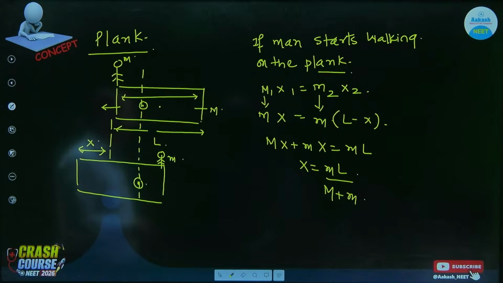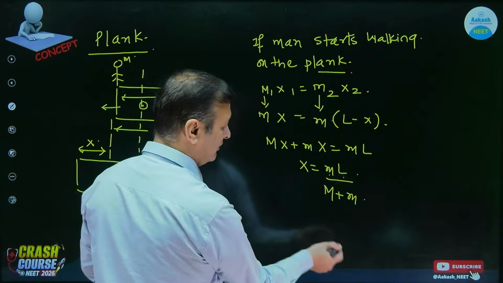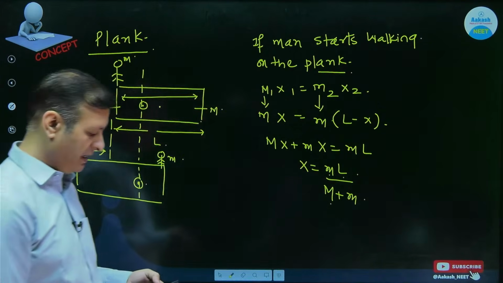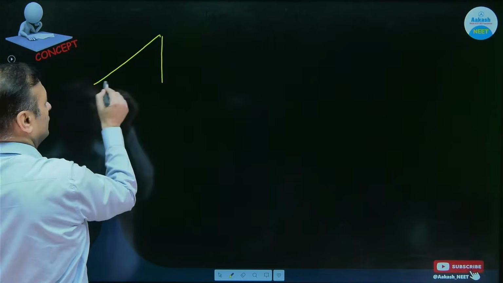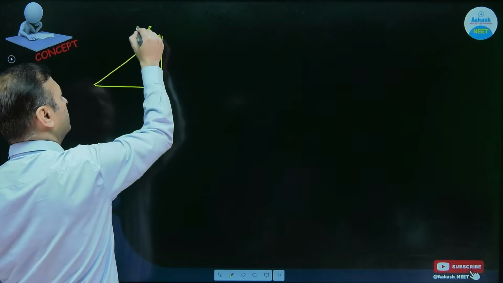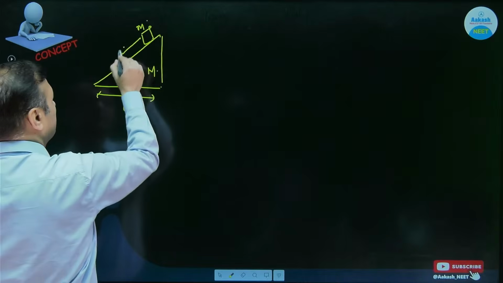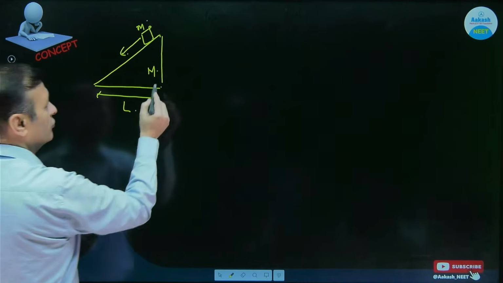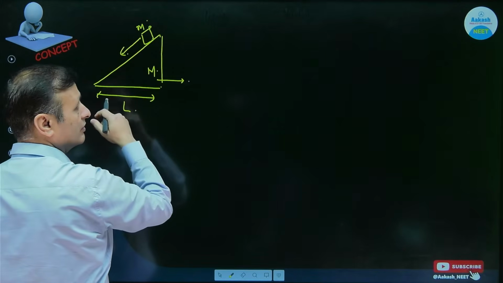So this is how you have this situation, ml by m plus M, where small m is the mass of the man, L is the length, and capital M is the mass of the plank. Got it? Now suppose you have this mass M and this mass small m and this is L. When this slides, it will shift by a value x.